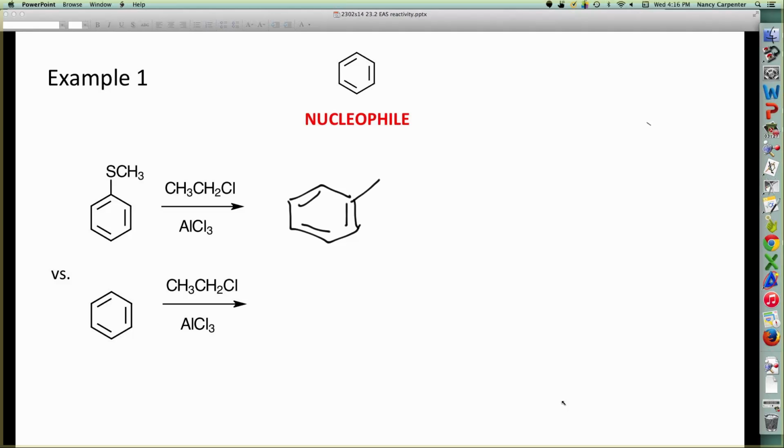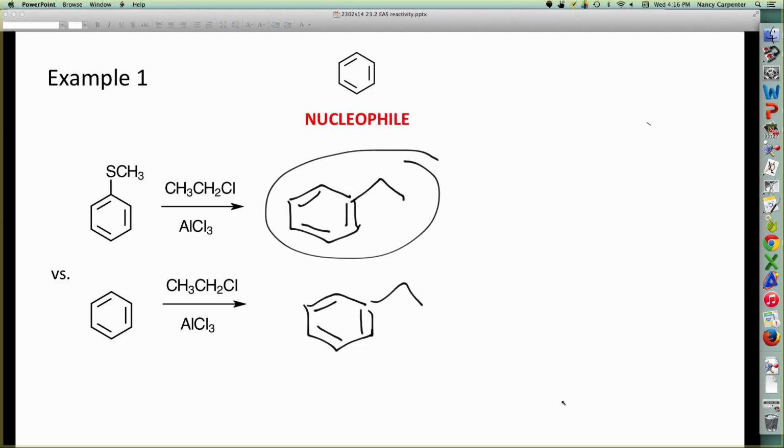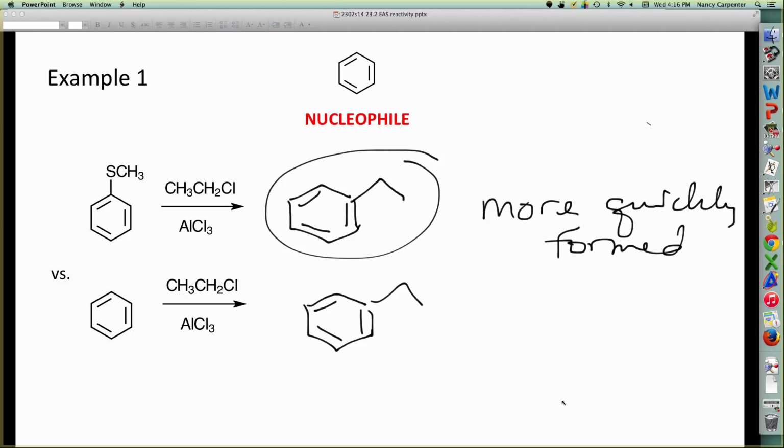However, this guy is going to be formed much more quickly than the alkylation of just plain benzene. So this is more quickly formed just because I have a much more electron-rich aromatic ring. And why is that? Again, because I'm pushing electron density into the ring.